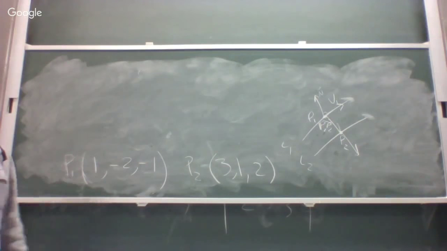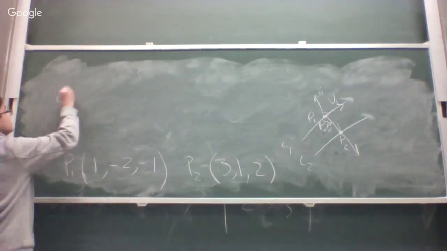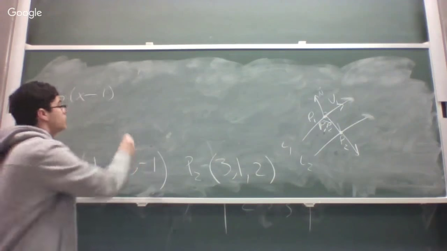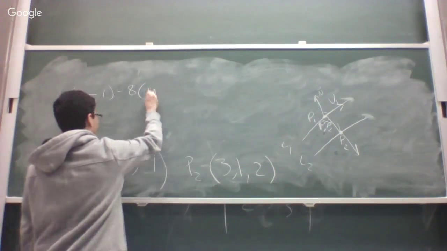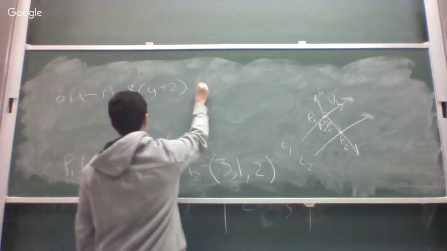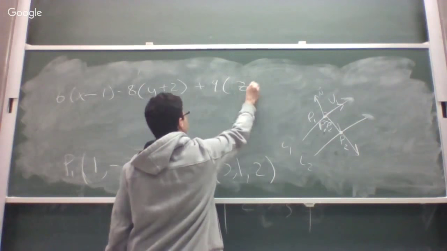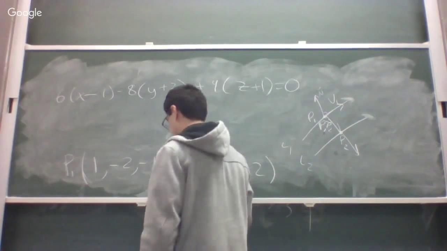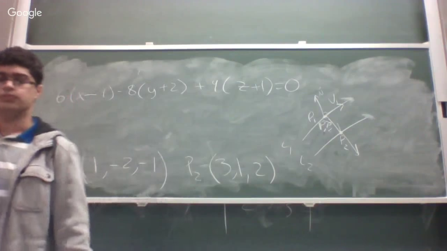But for this problem right now, it'd be 6 times x minus 1, minus 8 times y plus 2, plus 4 times z plus 1, equal to 0. Why do you use P1 instead of P2?